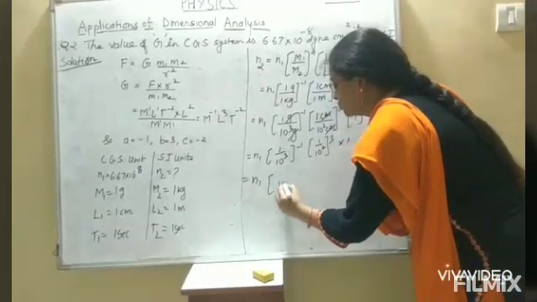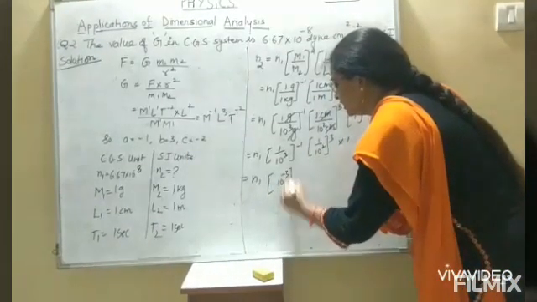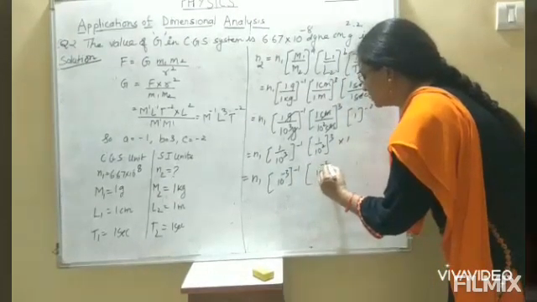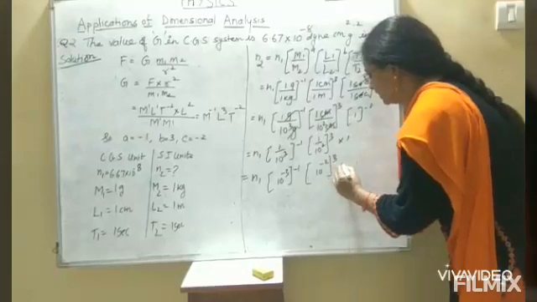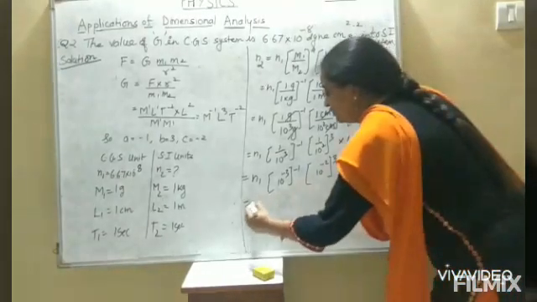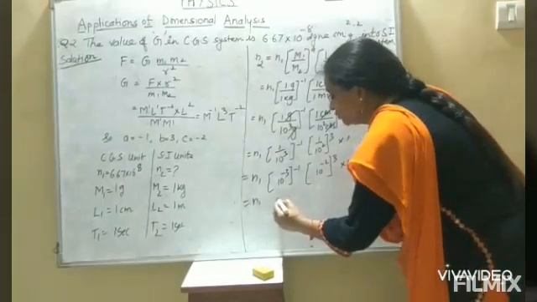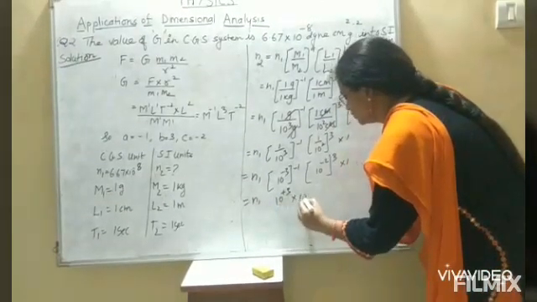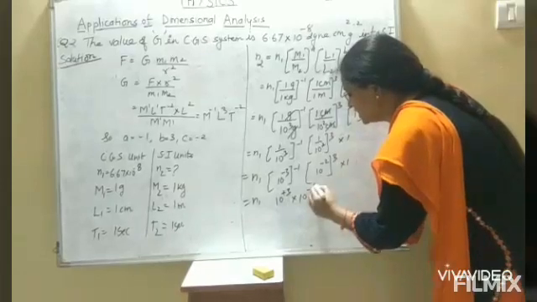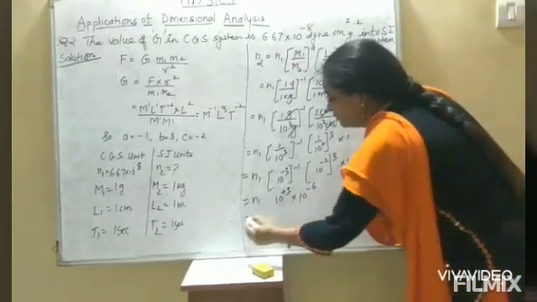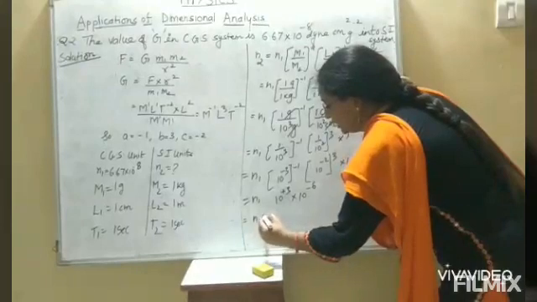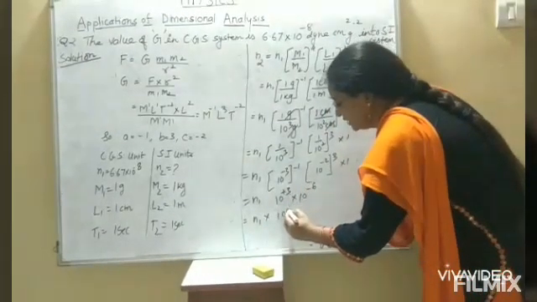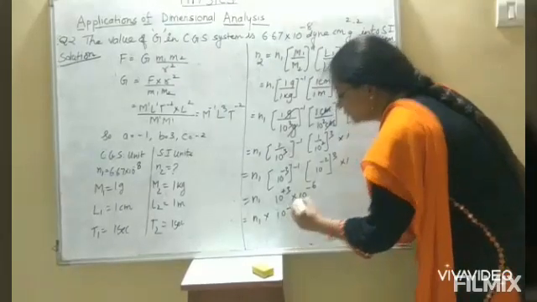So simplify it again: n1 into (10^-3) raised to power minus 1, (10^-2) raised to power 3, into 1. So we simplify: n1 into 10 raised to power plus 3 into 10 raised to power minus 3 to the 6. So it will be equal to n1 into 10 raised to power minus 6 plus 3, that is equal to minus 3.